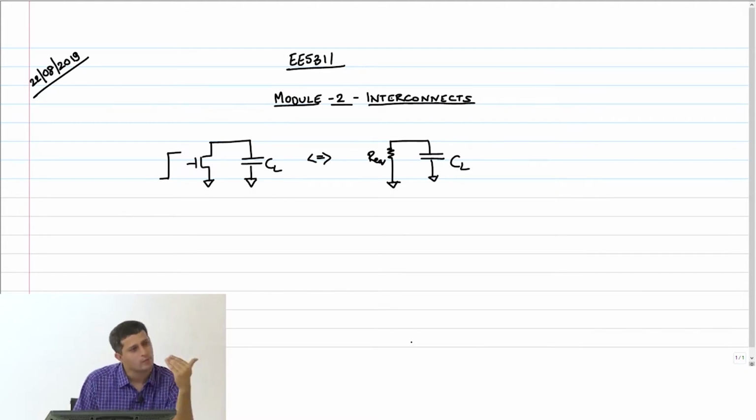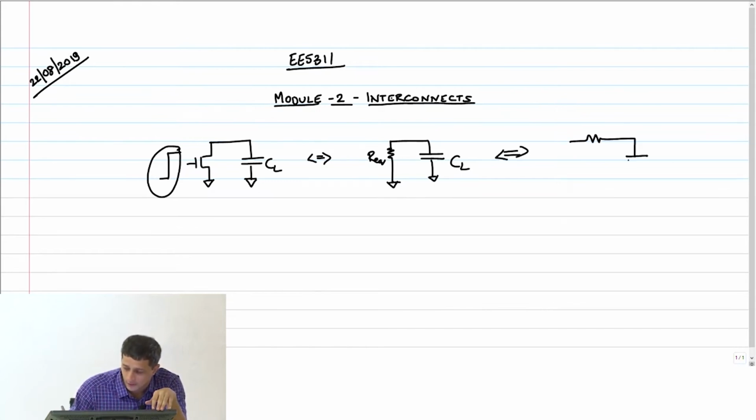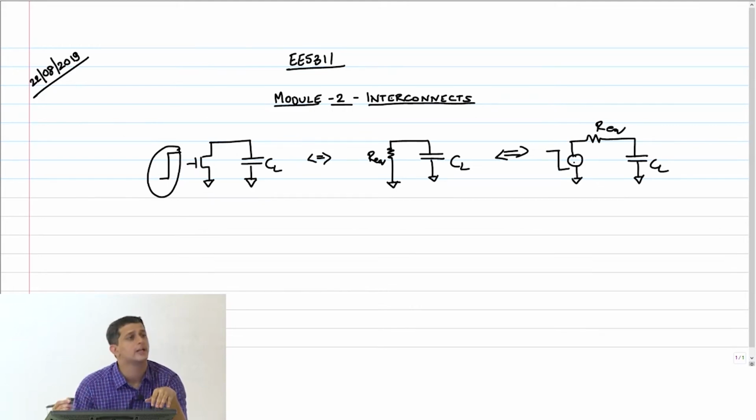You agree that when I moved from the transistor model to the R equivalent model, I captured the resistance, but what I have not captured is really this effect. Where do I put that source? It has to be placed like this, CL, R equivalent, and I have a source like this, and this source is falling instantaneously.